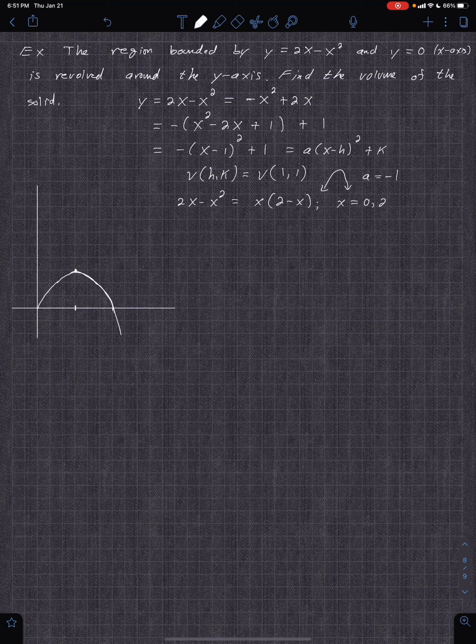Not real parabolic looking, but it's okay. We're only interested in between the x-axis and that value. So I'll put in my little x, y's. Can't really graph without those. That's 0, that's 2, this is a 1, this is a 1.